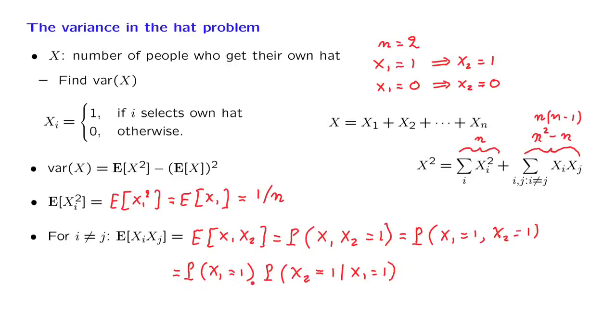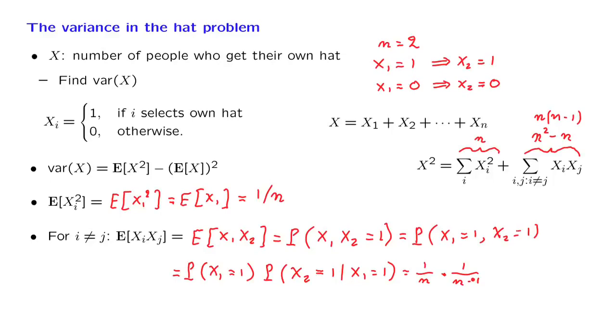The probability that the first person gets their own hat back is 1 over n. Given that person 1 got their own hat back, person 2 is faced with a situation where there are n minus 1 available hats, and one of those is that person's hat. So the probability that person 2 will also pick his or her own hat is 1 over n minus 1.